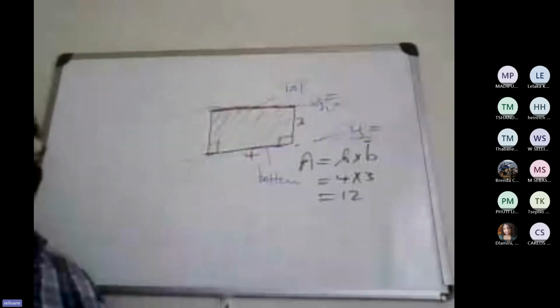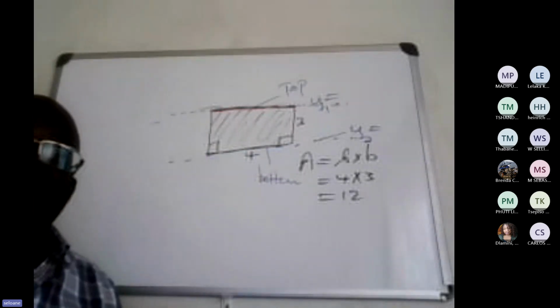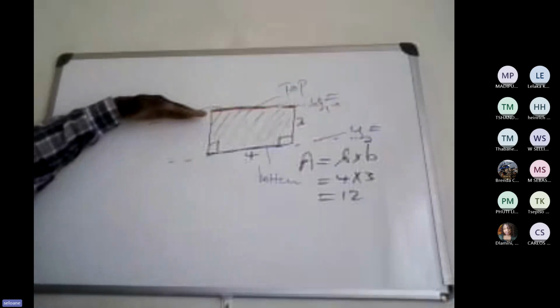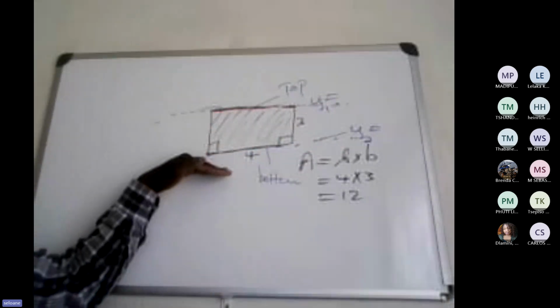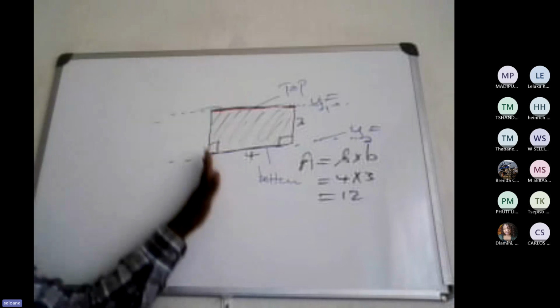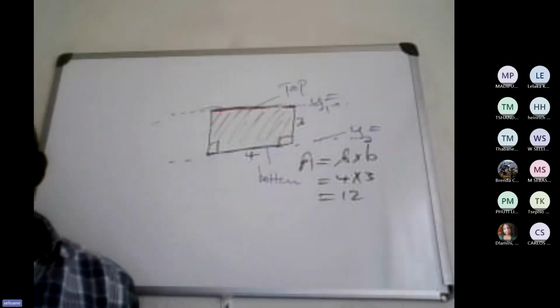This region is enclosed by 4 functions: one on top, one at the bottom, one on the left side, which is x equal to something, and one on the right side, which is x equal to something.